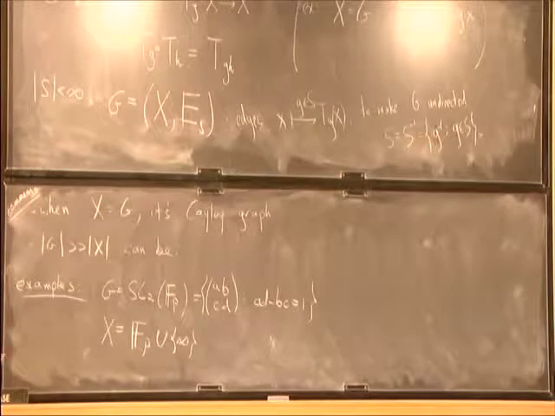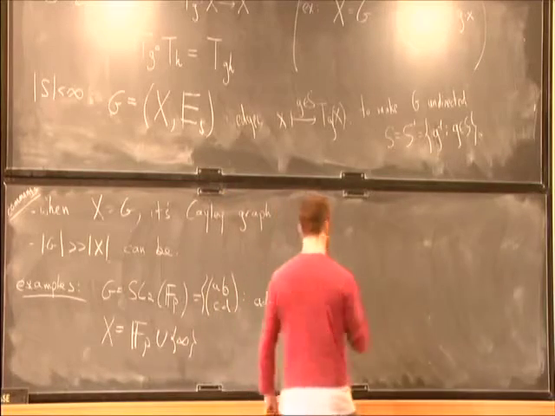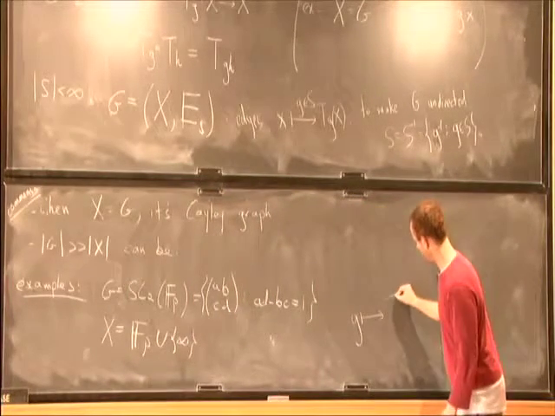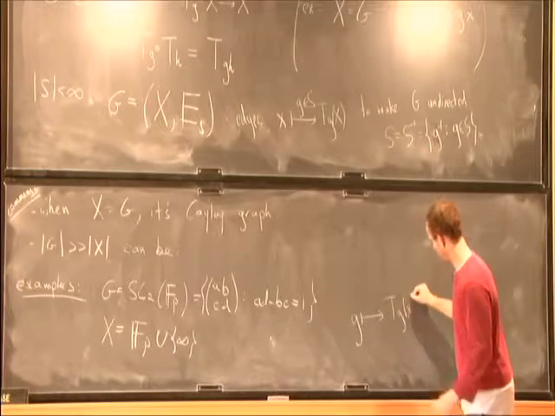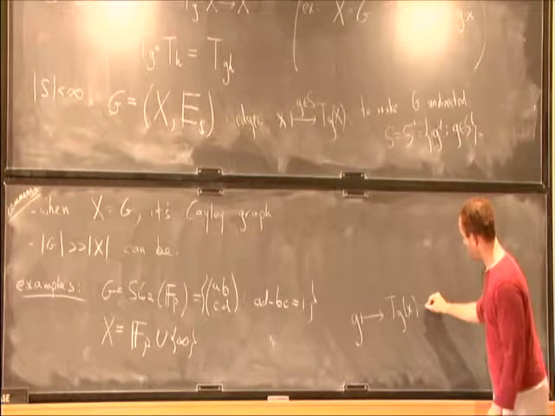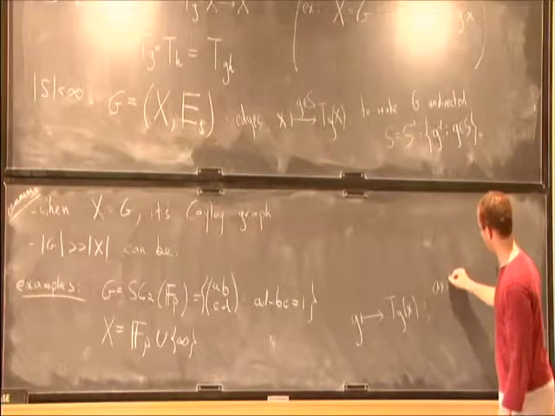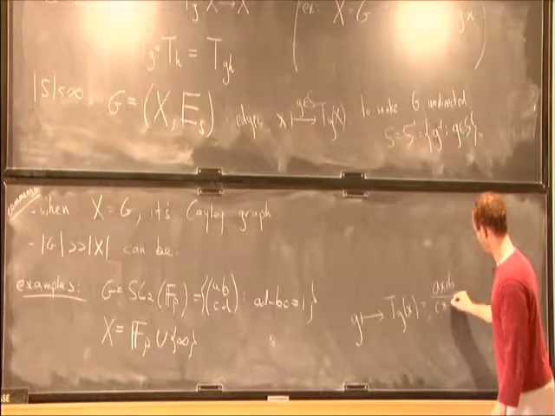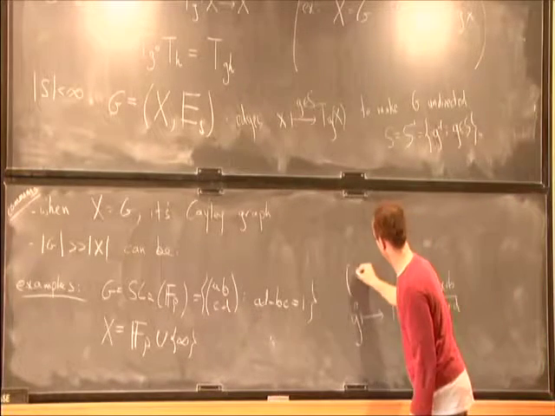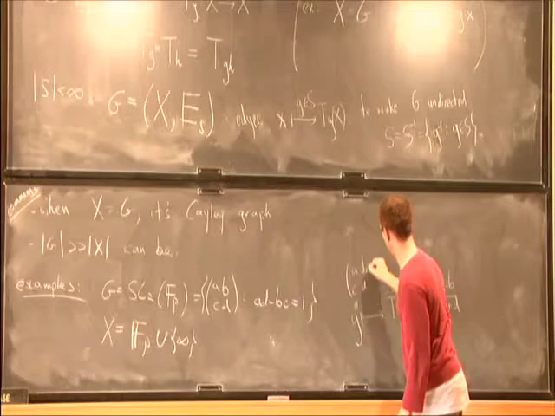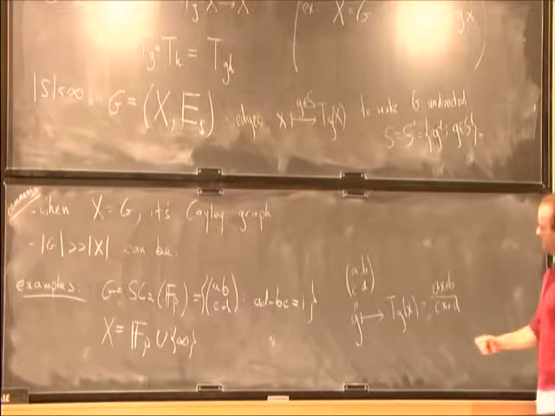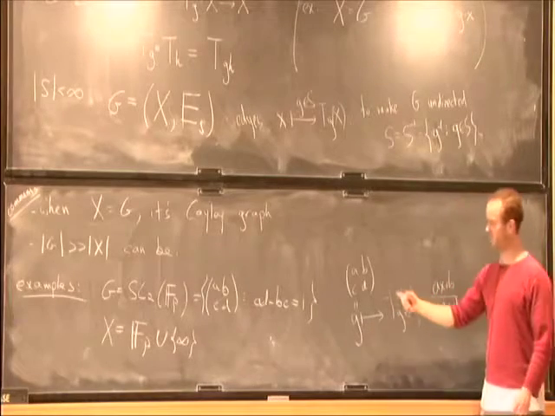And the way the action is defined, a matrix g goes to T of g, which at a point X is equal to AX plus B over CX plus D, when g is A, B, C, D. So this is an action of the group on the set X.